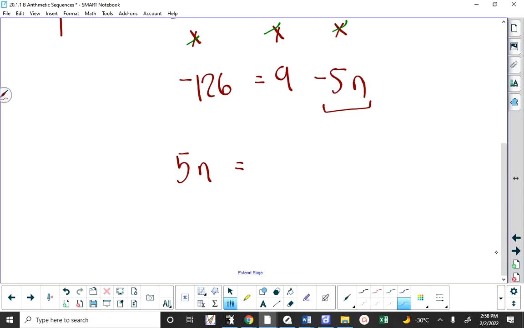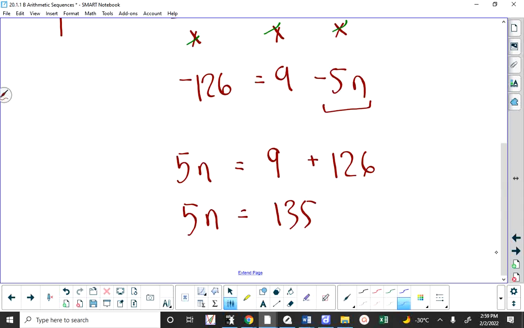The 9 we leave alone, and the 126, if I move over, gives us positive 126. I hope you see the results are the same, except instead of having them both negative, they'll be both positive. Anyway, I get 5n is equal to 135.